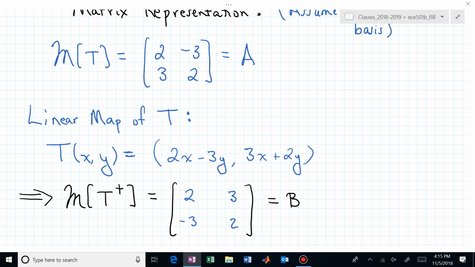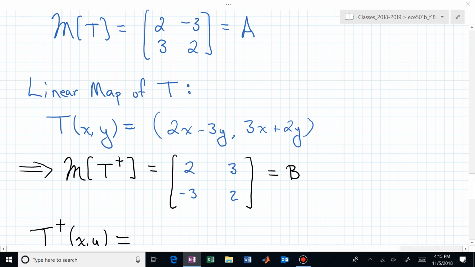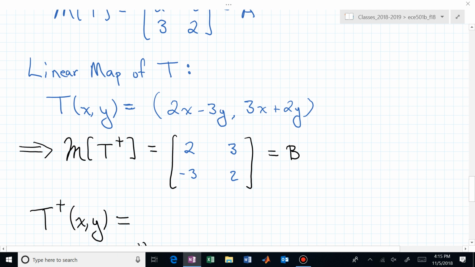Is that okay? Now you know what I'm going to ask, right? What's the map associated with the adjoint of T? Well, now we can just fill that in based on what we just derived to be its matrix representation. This is now 2x plus 3y for the first coordinate, and minus 3x plus 2y for the second.